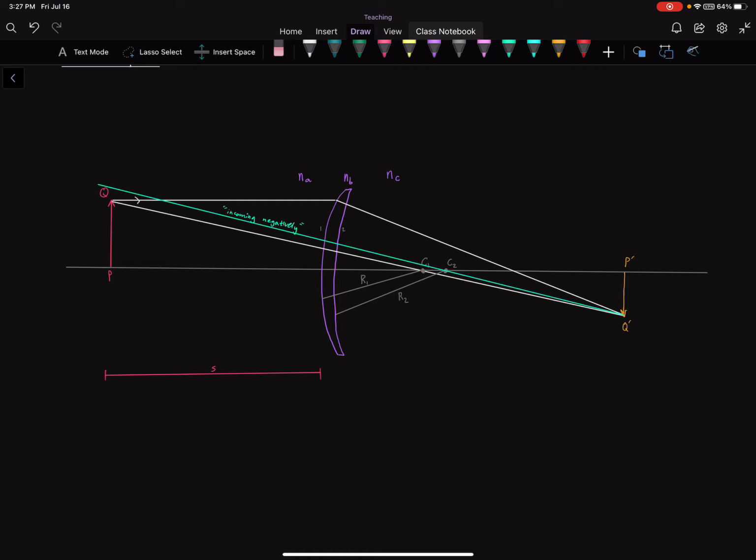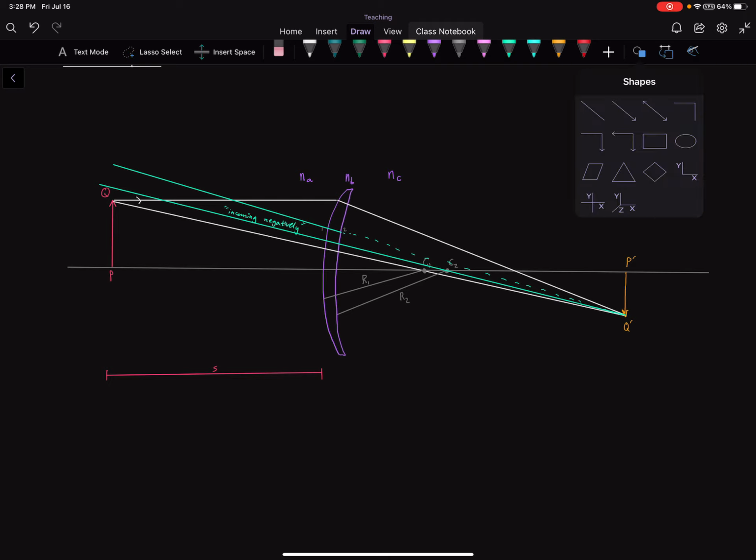And then there's another one that is going to go, like that, and it's coming as if it would hit that, right? So that's supposed to be a straight line where it goes from solid to dotted. But what actually happens, we know, is it does refract at this point, and it makes it down here.